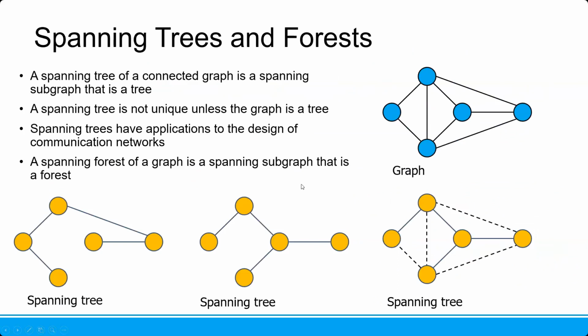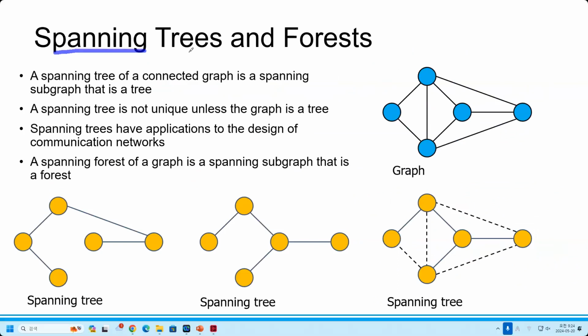I think you already learned the spanning tree in engineering mathematics. So let's look at the definition again: spanning tree and spanning forest. So spanning tree of a connected graph. Okay.